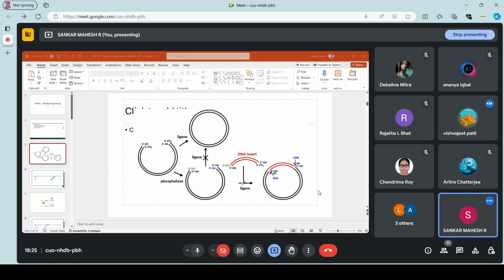Okay, so only if sticky ends are compatible can you form this phosphodiester bond using a ligase. But if nicks are there, these nicks have to be taken care of by the DNA repair system within the cell. These nicks cannot be repaired by ligases specifically. Okay, cool.